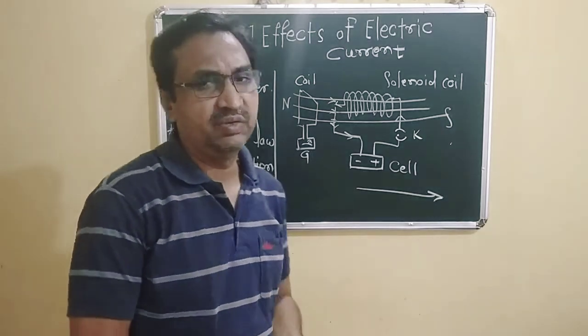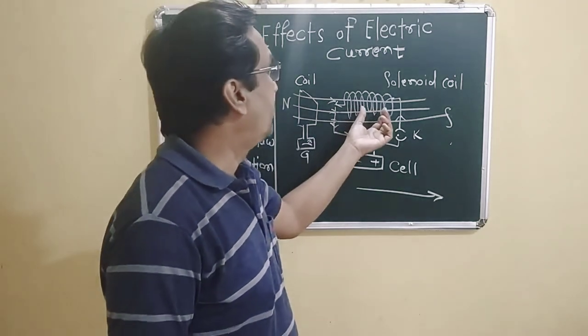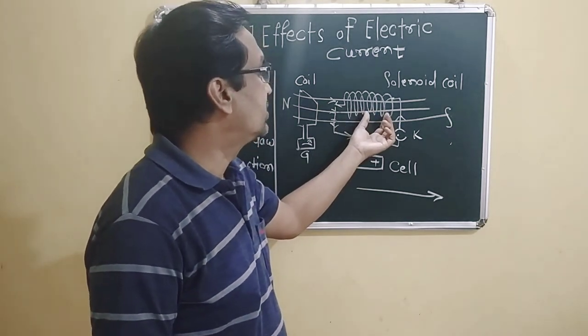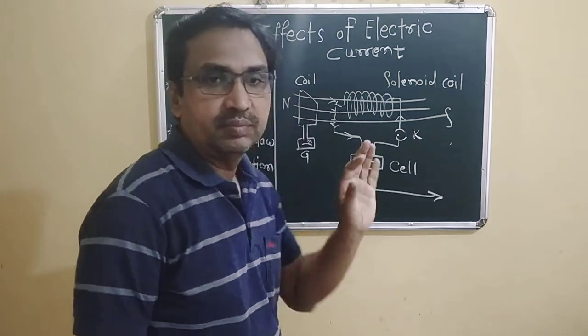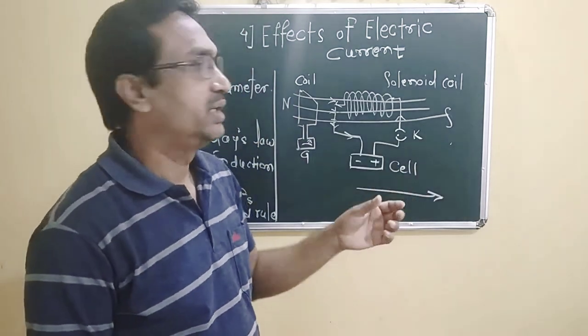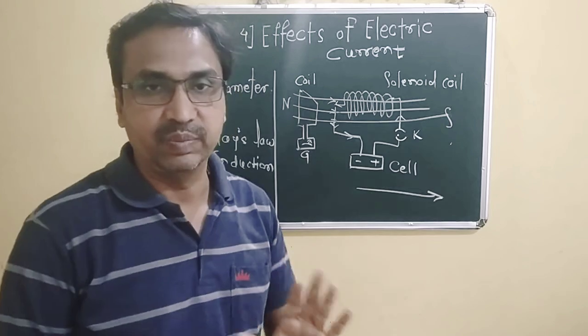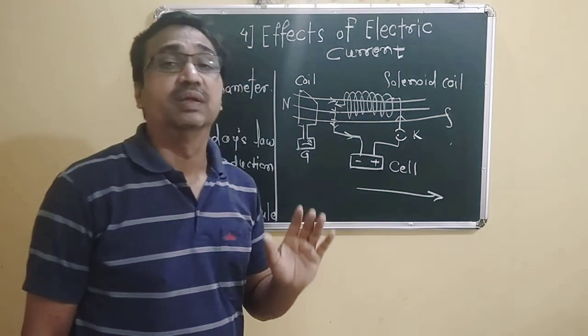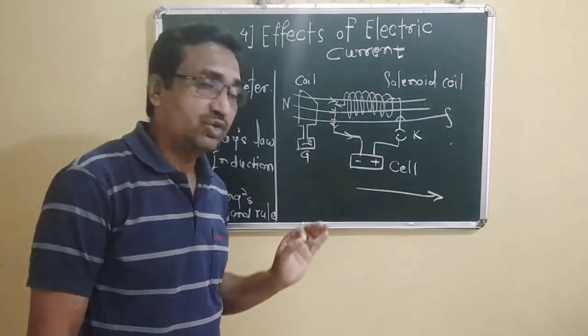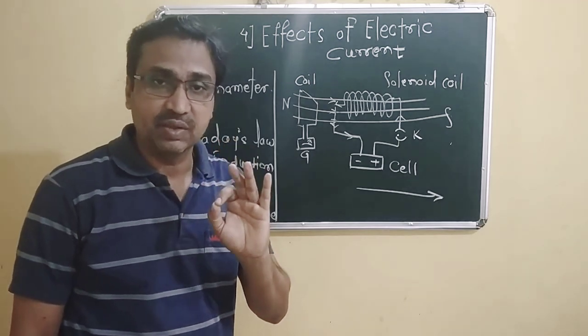So we can easily find that even though the magnetic field is displaced, or a magnetic material is displaced, or that conductor, that coil is displaced, there is a production of electricity.